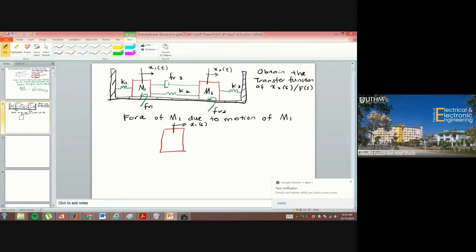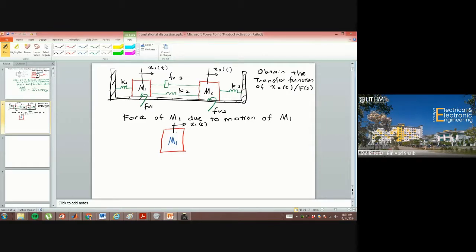This is S1S. M1, yeah? What are the forces? Force of M1 due to the motion of M1.